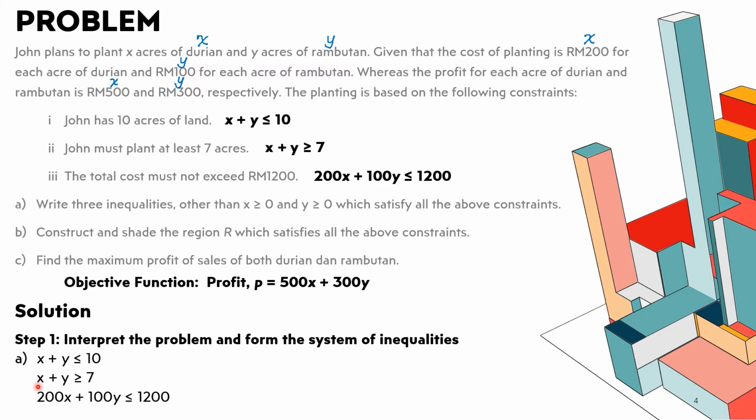Second inequality, x plus y must be greater or equals to 7. And the final inequality is 200x plus 100y must be less than or equals to 1200. So here is our system of inequalities.